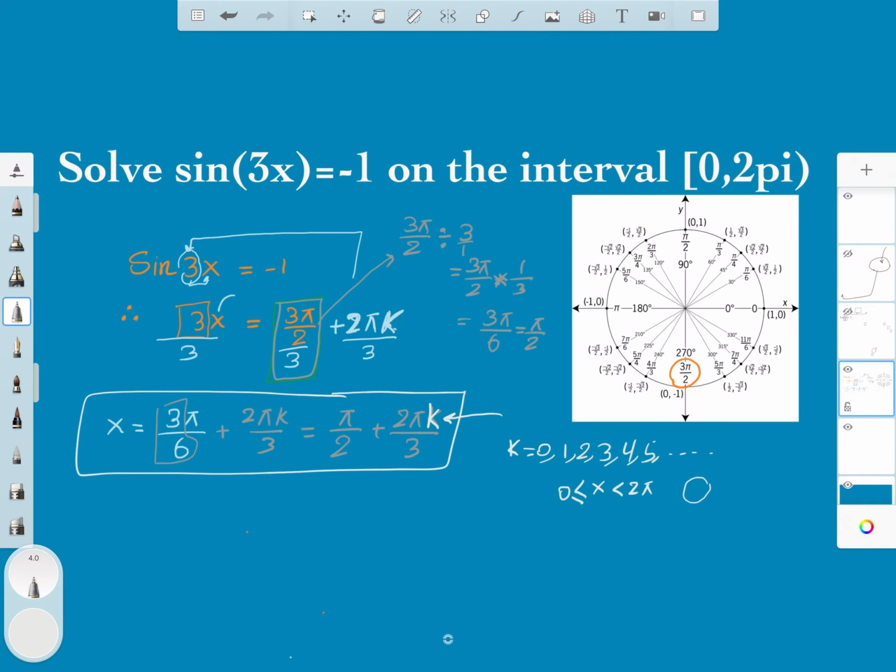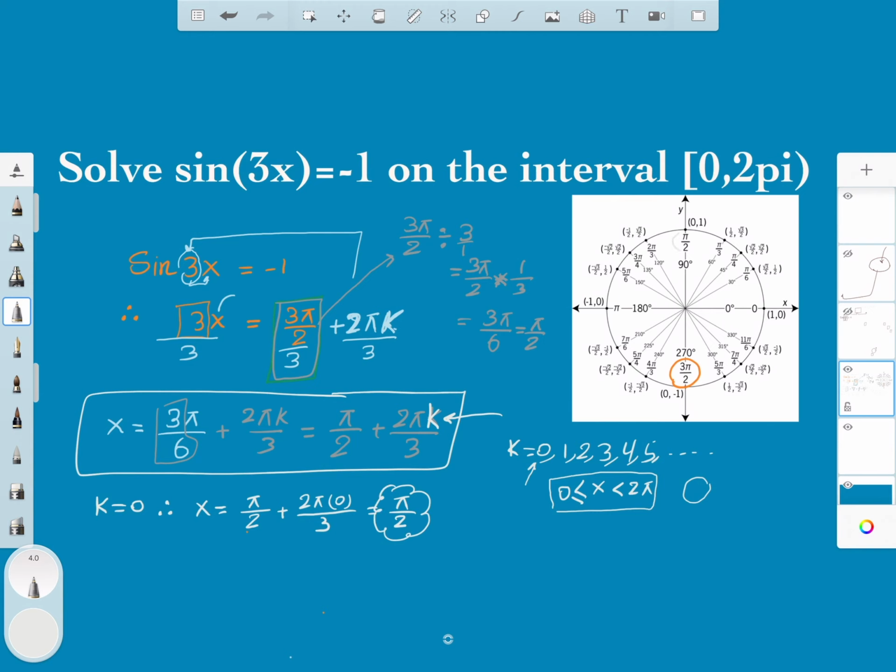So you need to plug values for k and find all the x's between 0 and 2 pi. So we're going to make a table, or we're going to say k equal to 0, then x will be pi half plus 2 pi multiplied by 0 over 3. This gives us pi half. So x equal to pi half is one of the solutions.